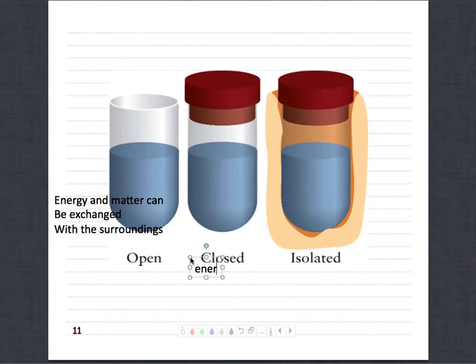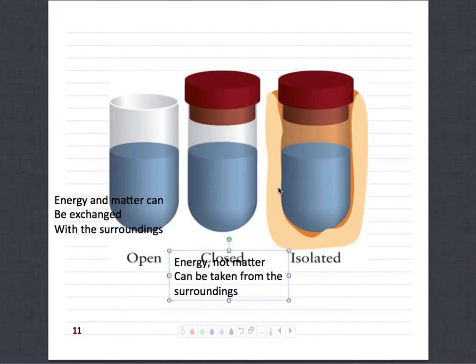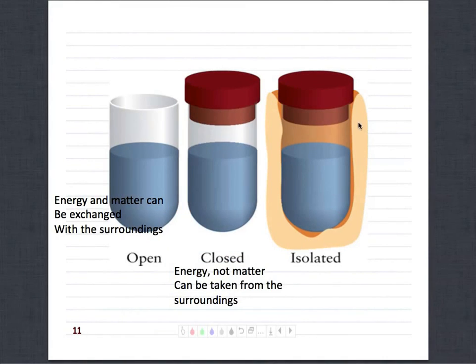Now, let's say the other system is something like this. Okay? A closed system, it is closed. I can't add matter to it because by definition it's a closed system, so I can't add water or material or matter to it, yet I can increase the temperature, or for example heat it up, or take energy from it, cool it down.